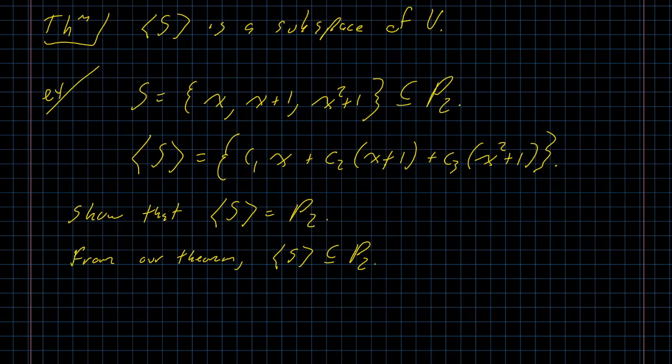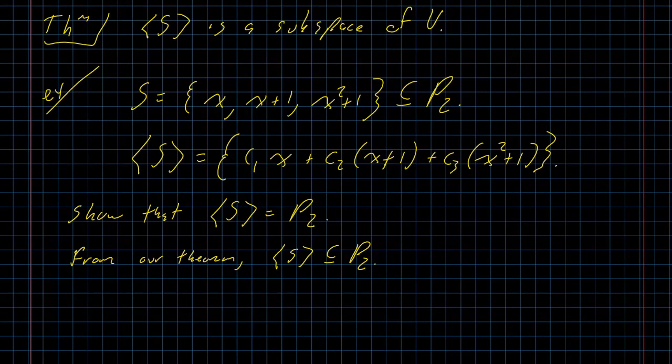Every vector in the set is a vector in P2, and since P2 is closed under linear combinations, the span is also closed under linear combinations. Or, since P2 is closed under linear combinations and the span of S is a bunch of linear combinations of things in P2, then they all have to be in P2 and we get that subset relationship.